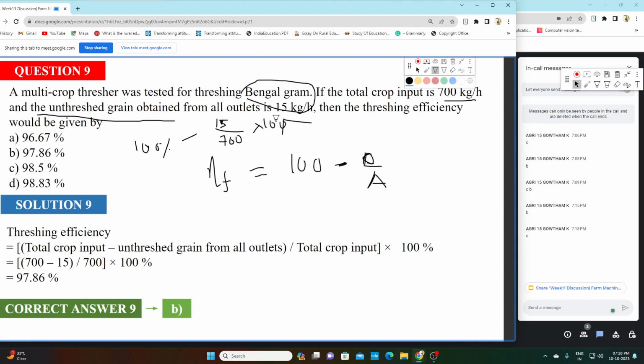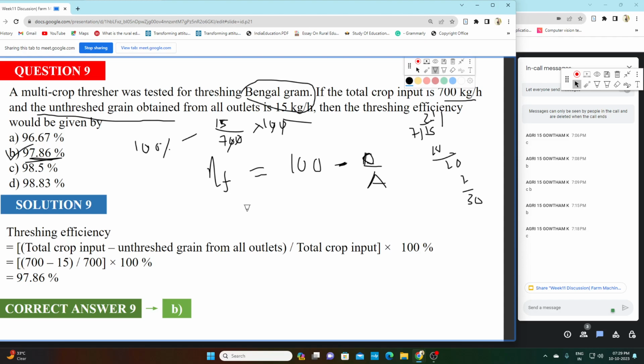This 100 will cancel out. 15 by 7 will be 2 point something percent, that is 2.14. So 100% minus 2.14 is 97.86 percent. So option B is your correct answer.